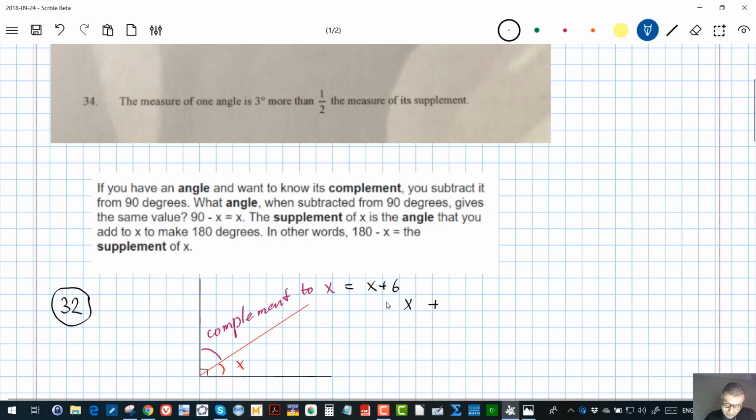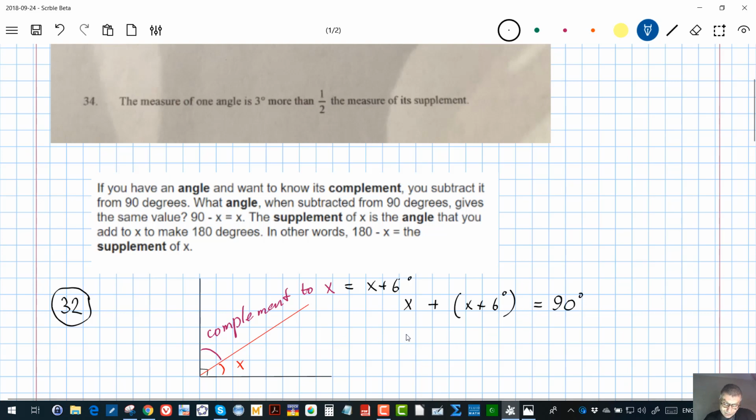It means exactly that the measure of x is 6 degrees less than its complement. So it's our angle x plus 6 degrees, its complement, and it must be 90 degrees as a sum total.